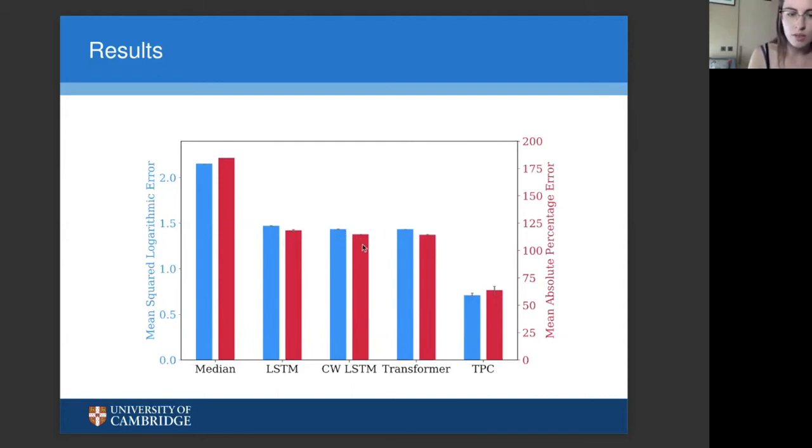So one of those is the channel-wise LSTM. It's similar to an LSTM, but it has the advantage that it can process each feature independently, like what we did. So it can process blood glucose differently to the heart rate, for example. The next model is a transformer, which is an attention-based method for anyone who knows about attention.